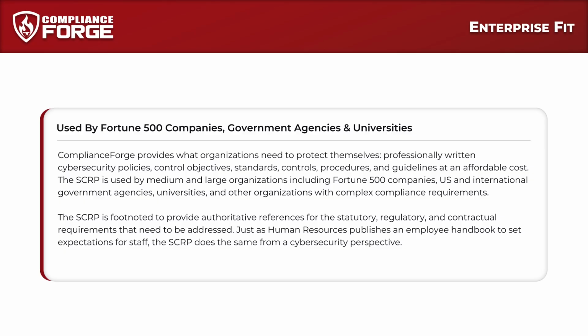The SCRP is footnoted to provide authoritative references for the statutory, regulatory, and contractual requirements that need to be addressed. Just as Human Resources publishes an employee handbook to set expectations for staff, the SCRP does the same from a cybersecurity perspective. And the Cybersecurity Standardized Operating Procedures is available as a companion product, with a one-to-one mapping and a procedure for each standard.